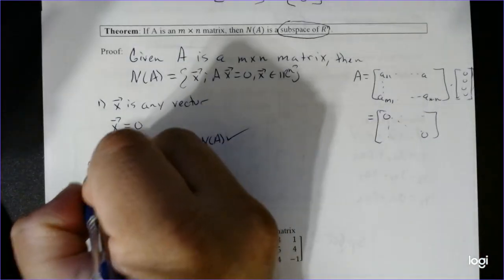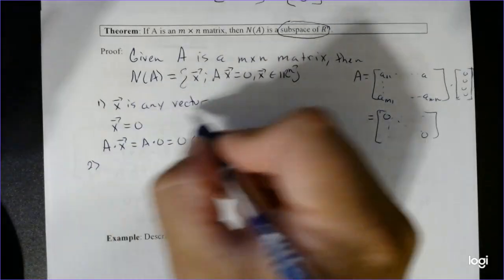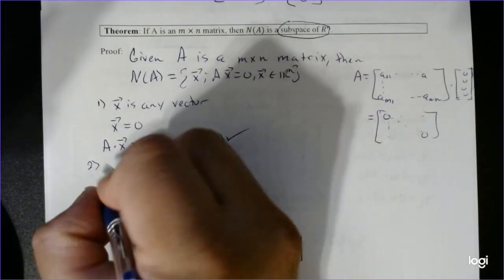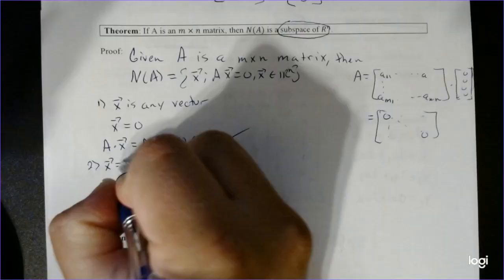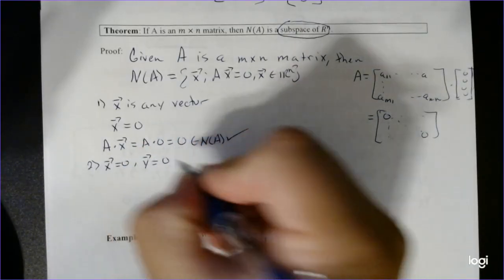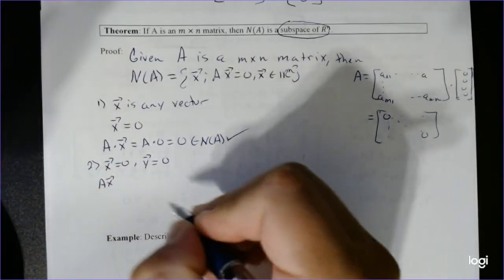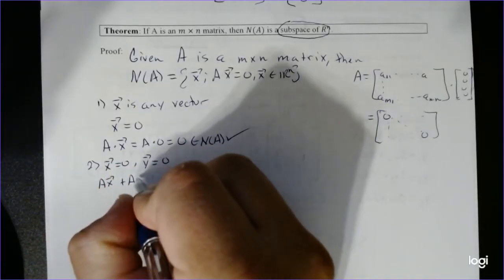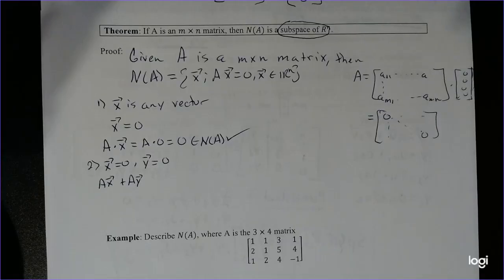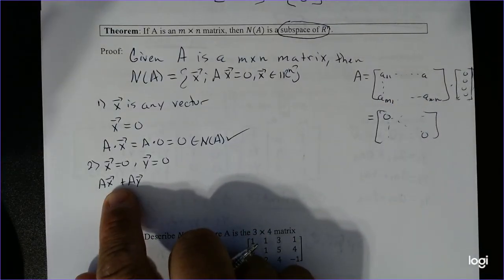Okay. Now let's go to 2. So again, this is going to be a theme. So let x equal 0 and vector y equal 0. Okay. So therefore, Ax plus Ay. Well, we just proved that when you multiply these two, that gives you 0.